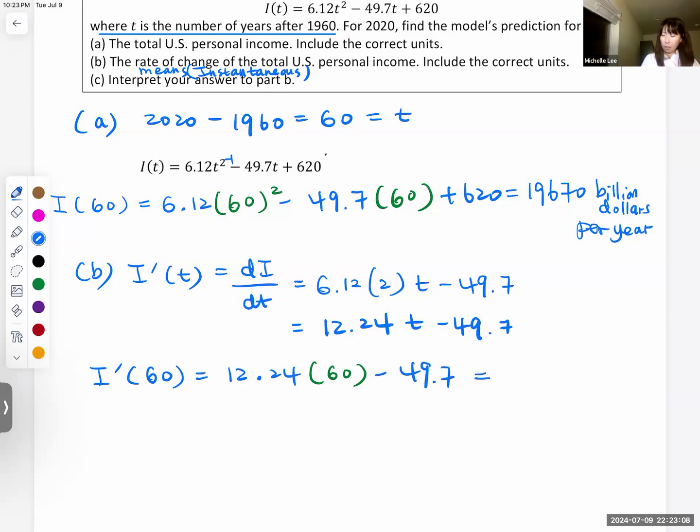Okay, then we get $684.7 billion per year. Okay, we can denote per year with a line, right?